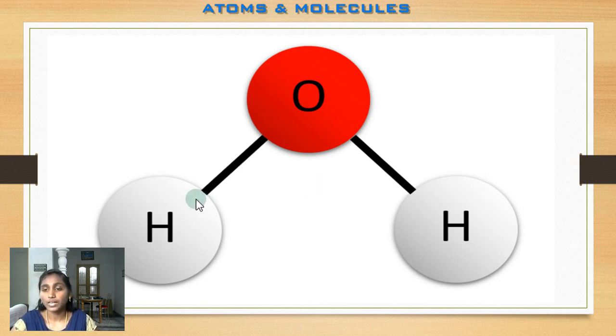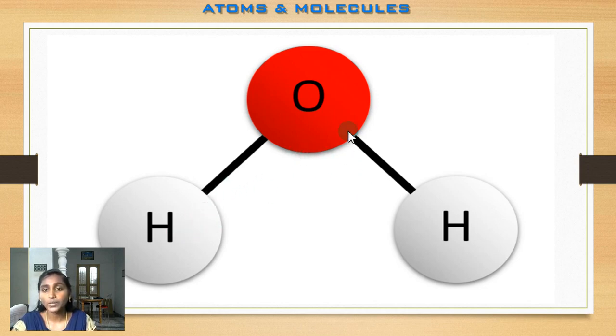This is a molecule, because molecule means two or more atoms combined together by a chemical bond. Combined together by a chemical bond, that is called a molecule. Have you understood the molecule?